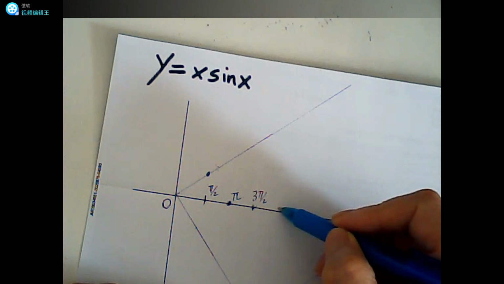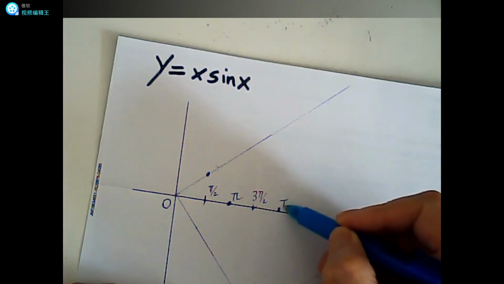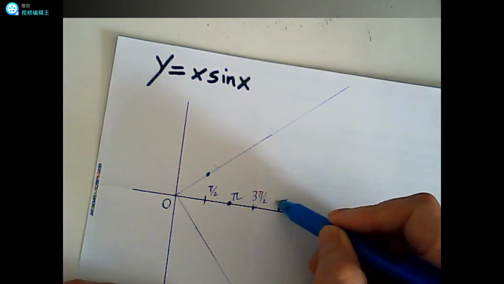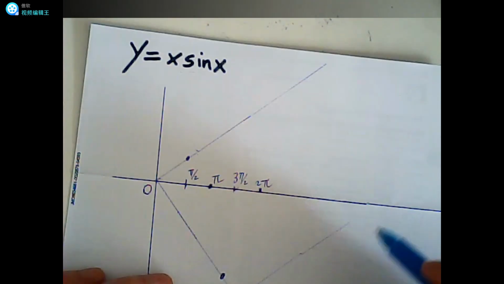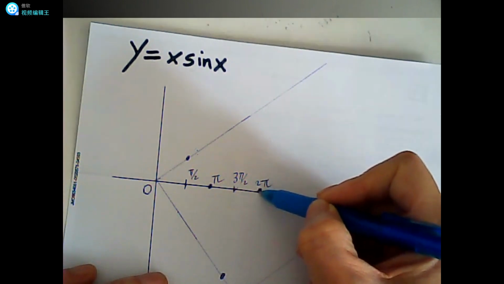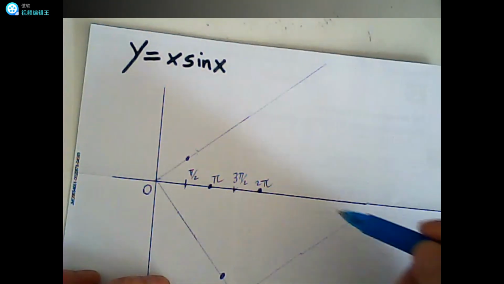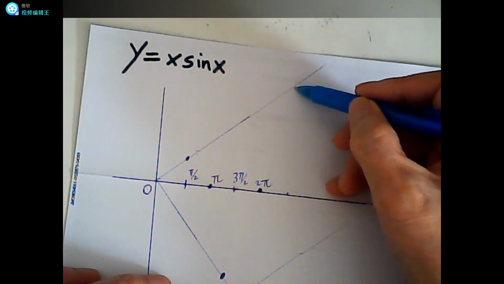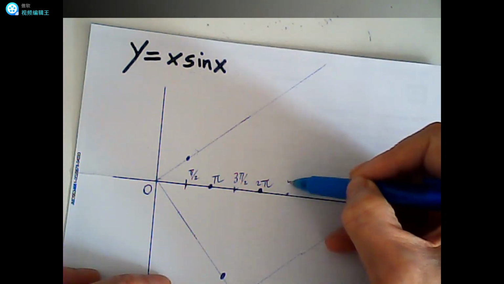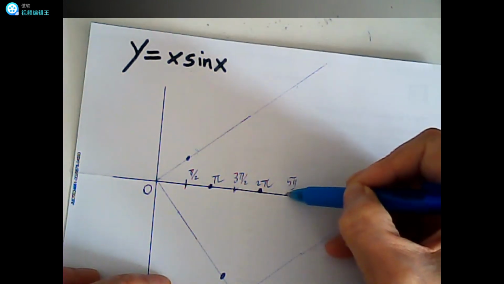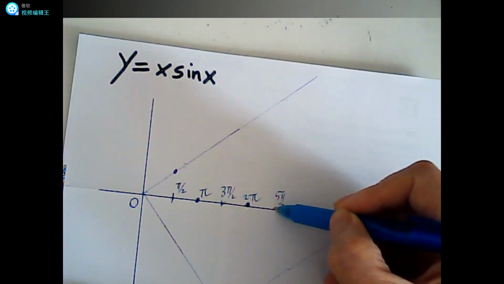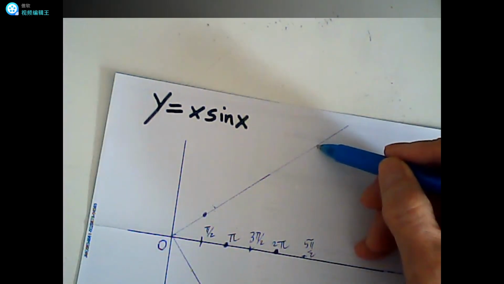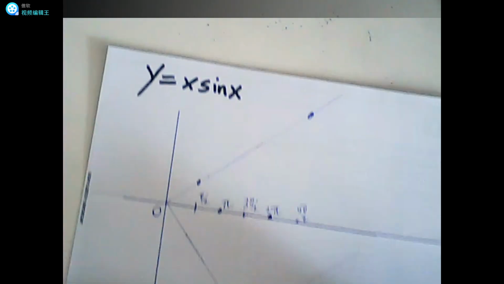And then the next point, when x is equal to 2 pi, the sine function is 0 again. So this is a point it passes through. And then this is 5 pi over 2, where sine is equal to 1, so 1 times 5 pi over 2 becomes 5 pi over 2, okay?